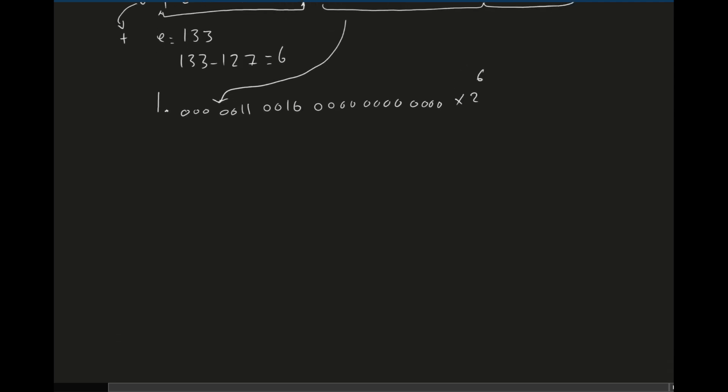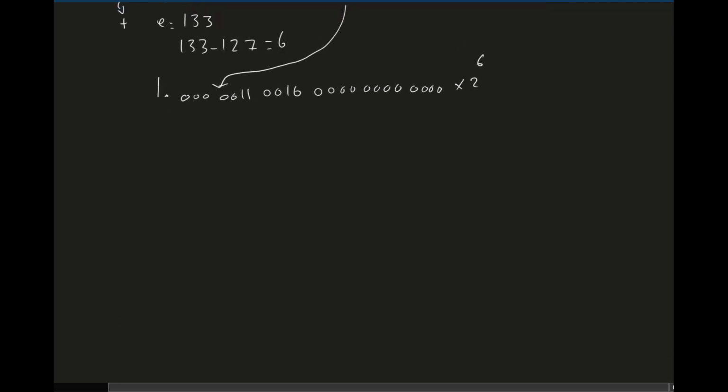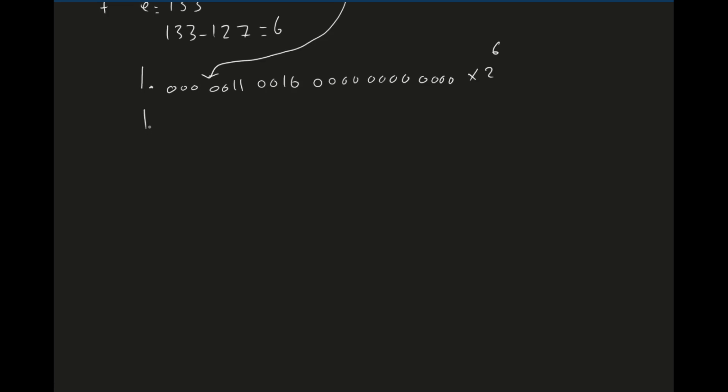So this becomes 1, 1, 2, 3, 4, 5, 6, then the point, 1, 0, 0, 1, 0, 0, 0, and so on, 0, 0, 0, 0, 0.